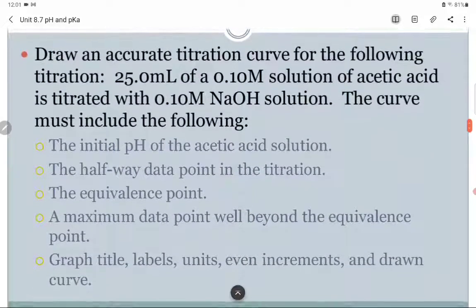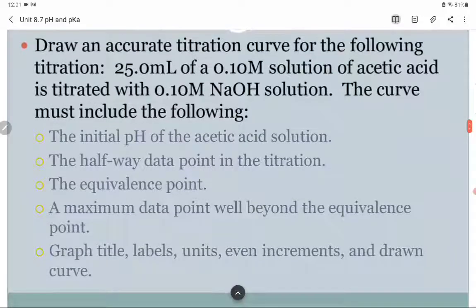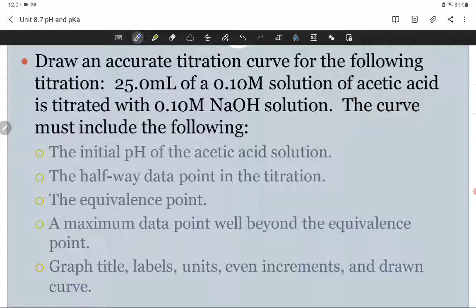Okay, we've actually done this question previously, but we just didn't draw the titration curve. So in the last section, actually it was 2 sections ago, we got all the math done to get those 4 data points.